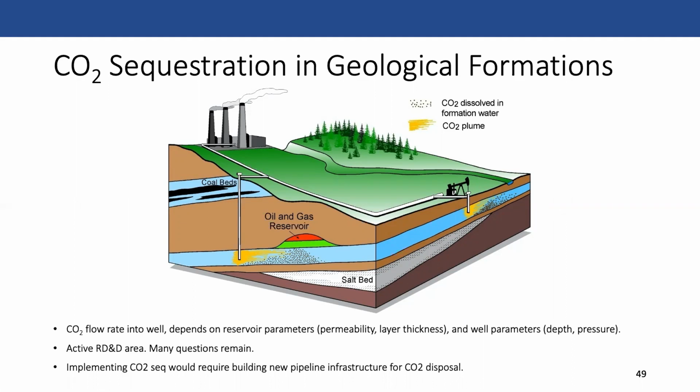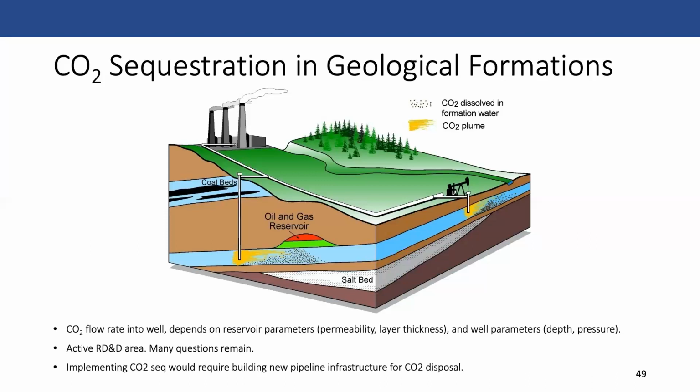is you combust all the material, and then instead of emitting CO2 into the atmosphere, you chemically react CO2 with some sorbent, and you store it away into salt beds, and you can actually replace the fuel that you're taking out, like in an oil and gas reservoir.